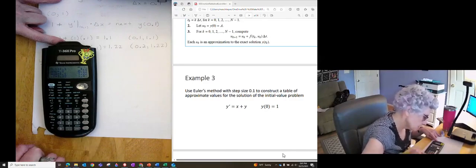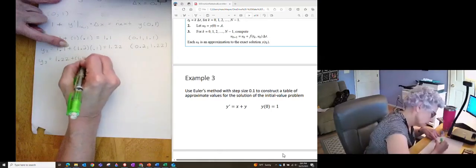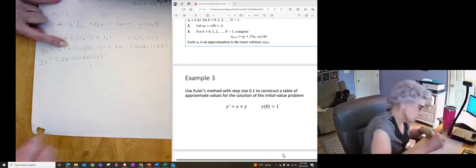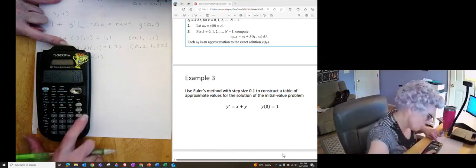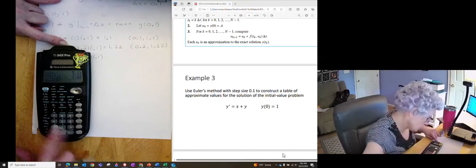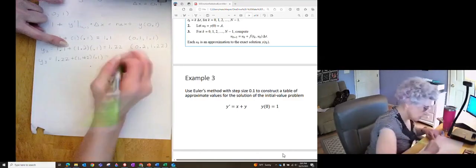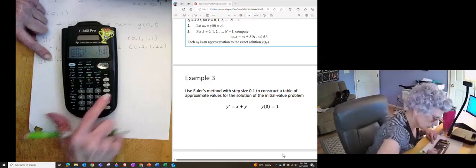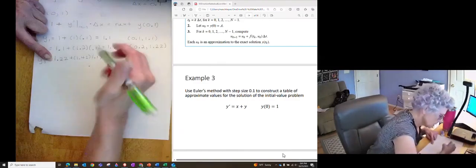There we go. 1.42 times my step size, the slope of the tangent line, times the change in x, so times 0.1 plus 1.22. And I get 1.362.